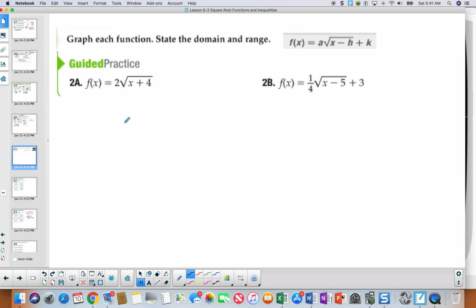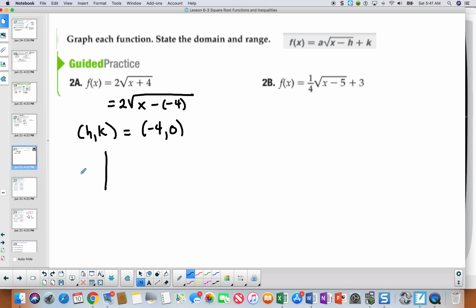Okay, let's go ahead and start from scratch and see what we can do. I am going to rewrite this in standard notation. And now I can read my HK. So my H will be -4. And if I put -4 back into here, I'm going to get a 0. So I have an inkling of what the graph looks like. Normally the parent function looks like this.